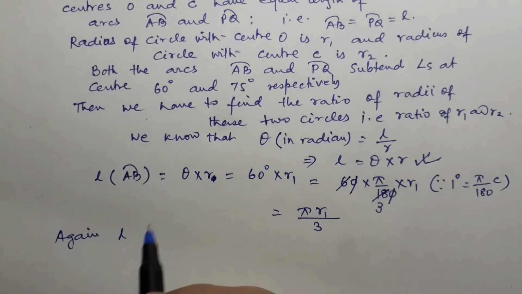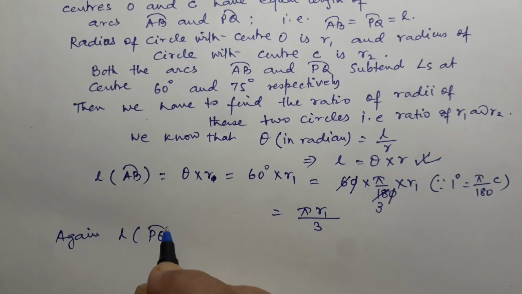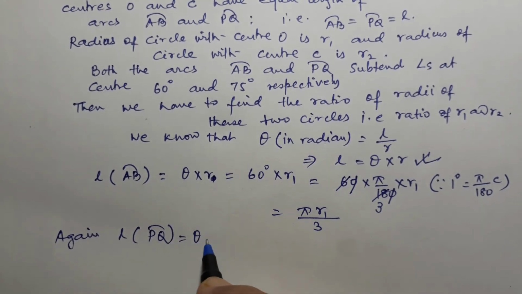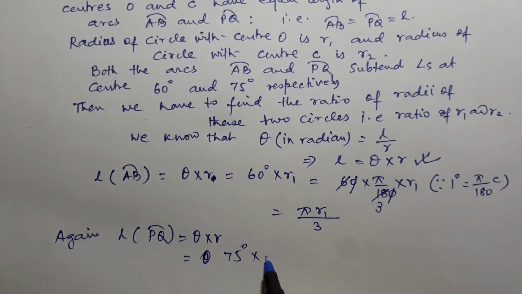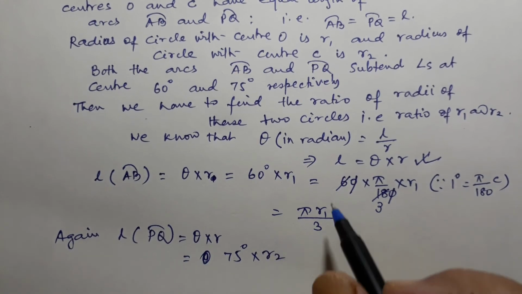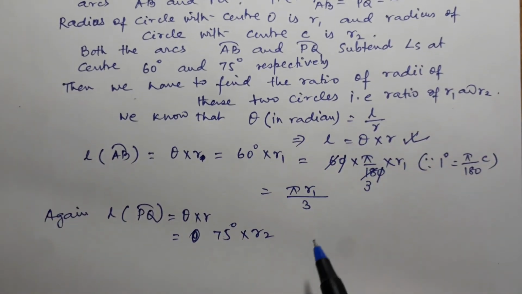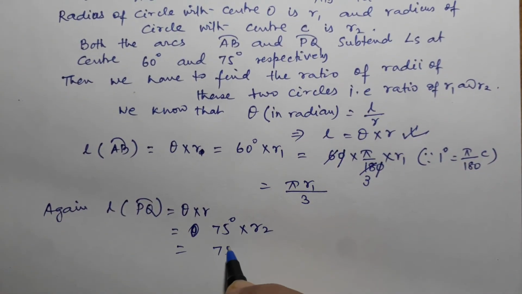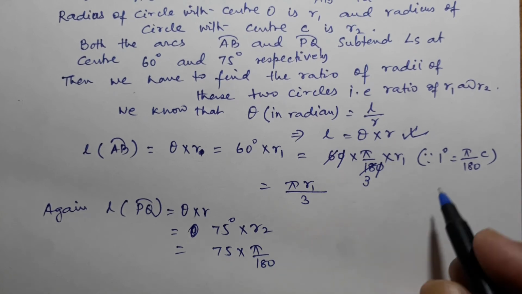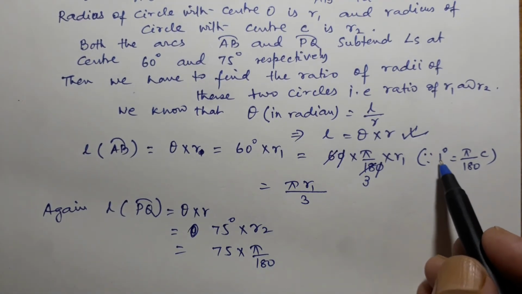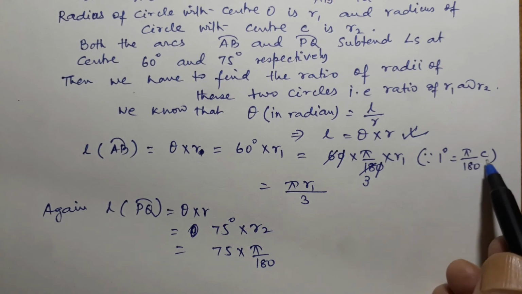Again, L for arc PQ will be theta into R. Here theta is equal to 75 degree and R is equal to R2, right? R2 we have mentioned for this circle. So 75 into pi by 180, so we have changed 75 degrees into radian, since 1 degree is equal to pi upon 180 radian.